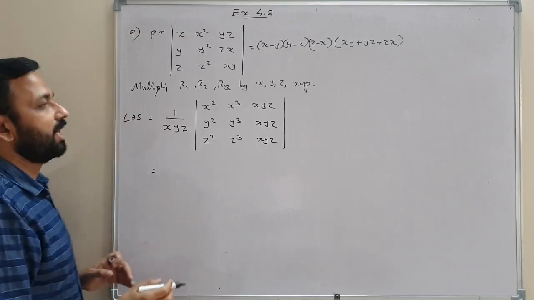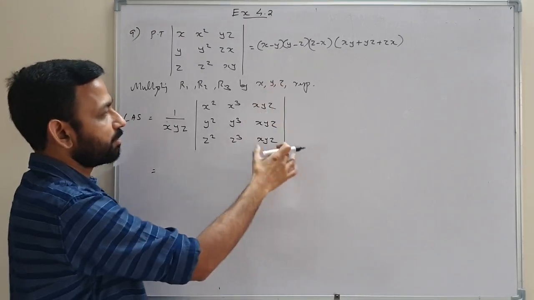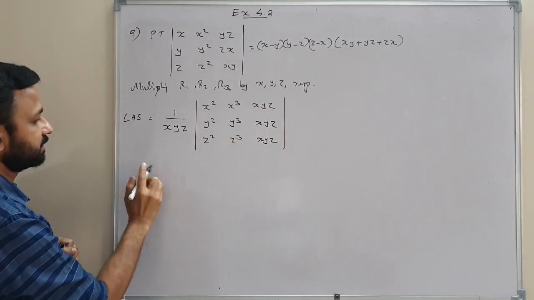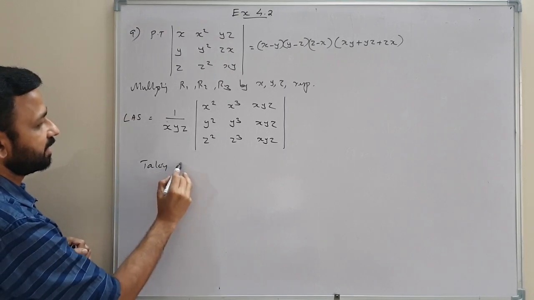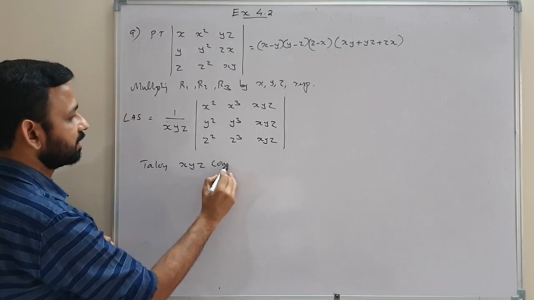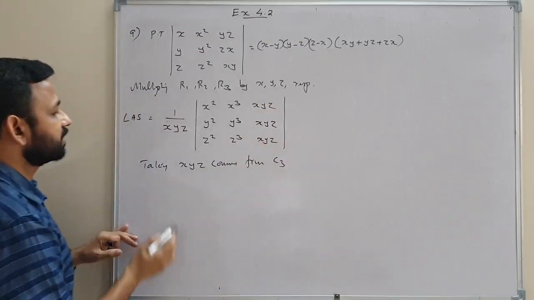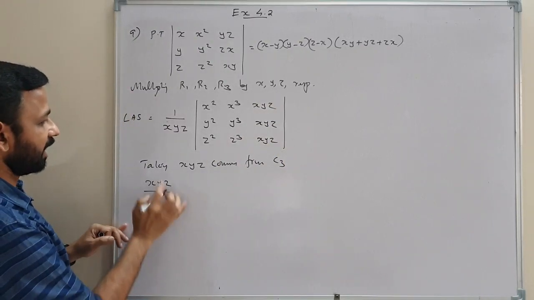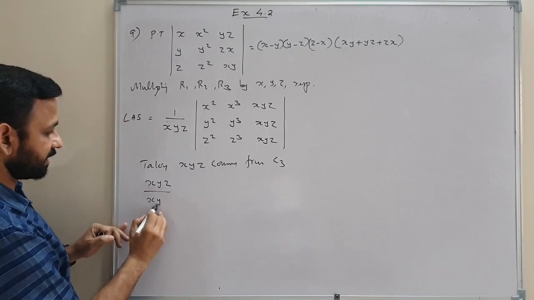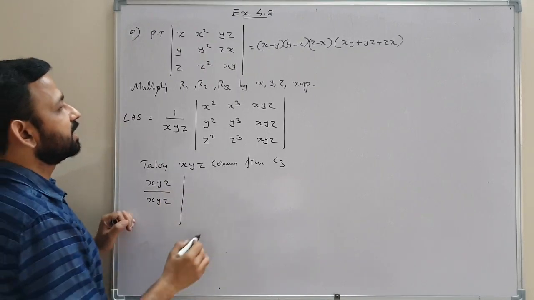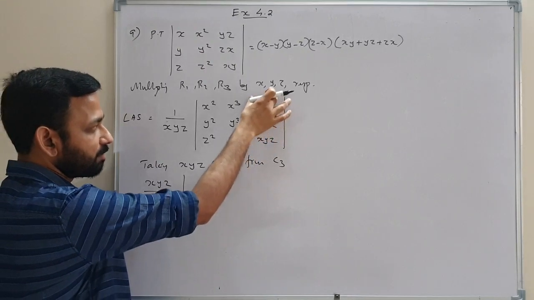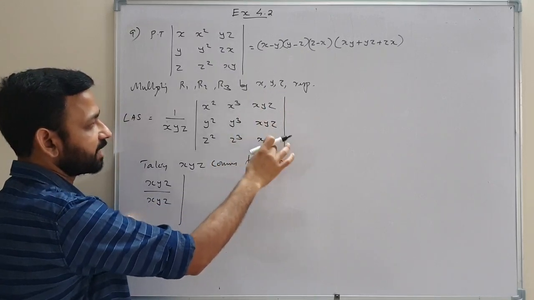Now we can take xyz common from C3. So xyz outside, and xyz is already there in the denominator. Since we have taken xyz common from C3, we will get 1, 1, 1 there.